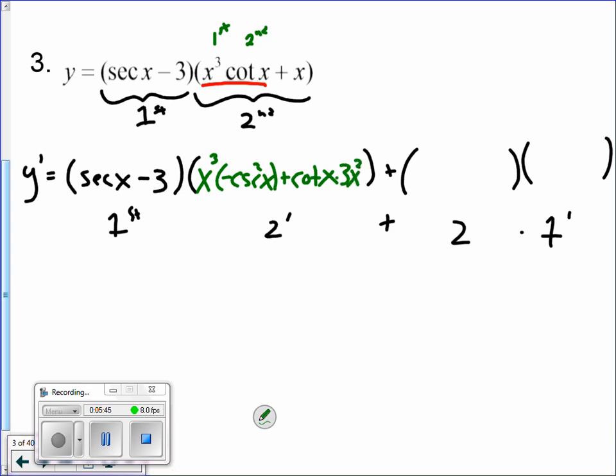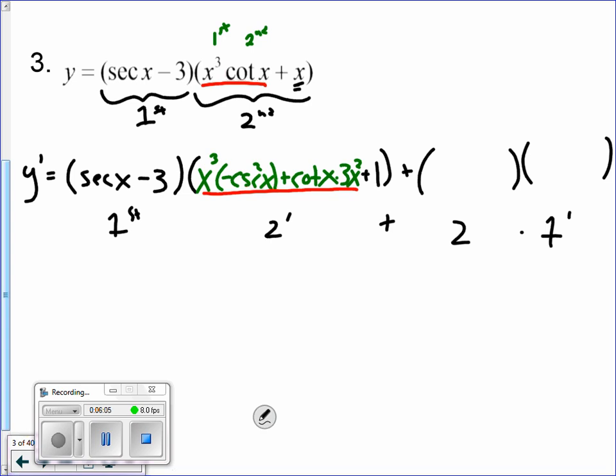Oh, I didn't leave myself room enough to take the derivative of the plus x. That was just the derivative of this first term. But I still need to add to it the derivative of the x right here, and that's just plus 1.